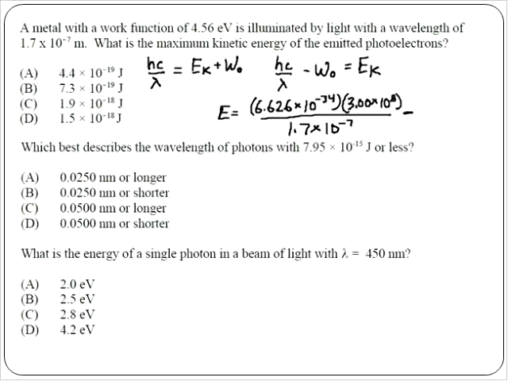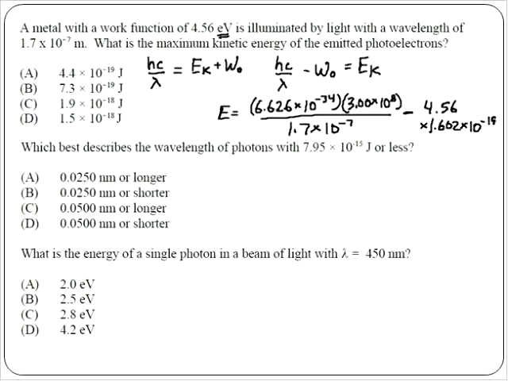But now I got a slight problem, because my work function is in electron volts. I need joules. That equation works out energy in joules. So what I do is I take my 4.56 electron volts and I multiply it by the conversion factor, 1.602 times 10 to the power of negative 19.